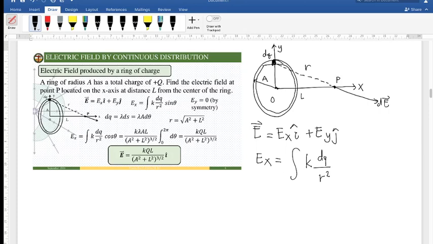The trigonometric function associated with Ex is sine theta. Why? Because your dE is oriented at this angle theta.